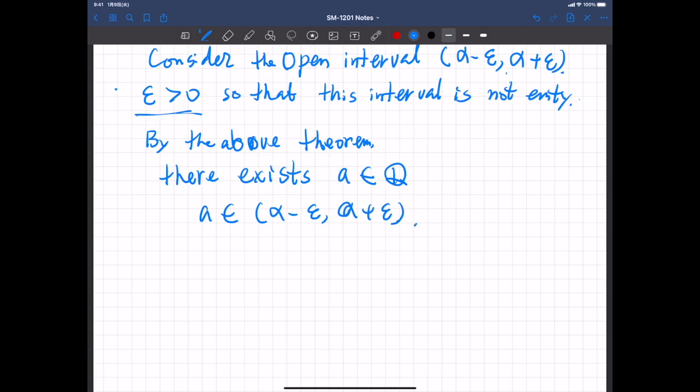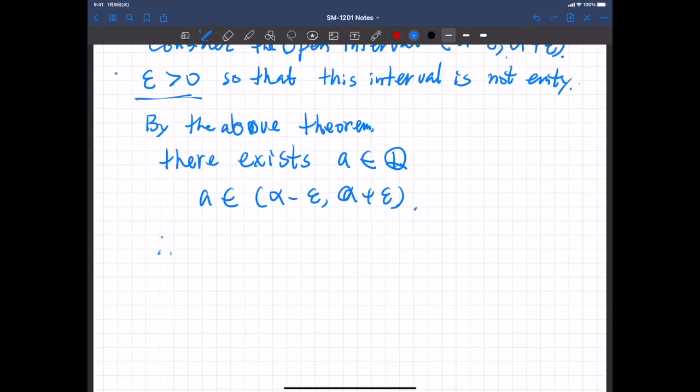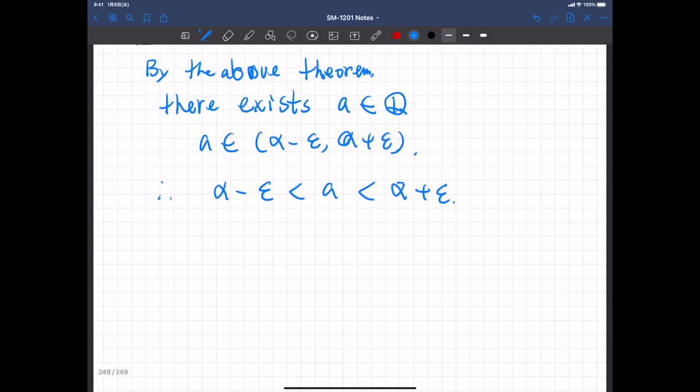This means alpha minus epsilon is less than a, which is less than alpha plus epsilon. So this means minus epsilon is less than a minus alpha, which is less than epsilon.